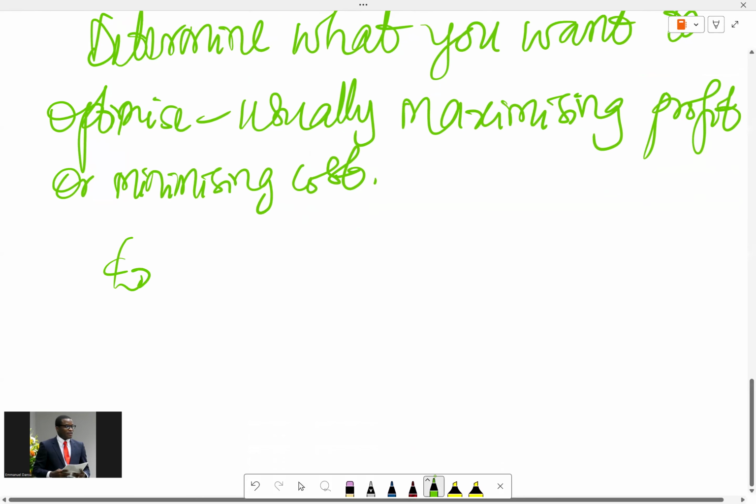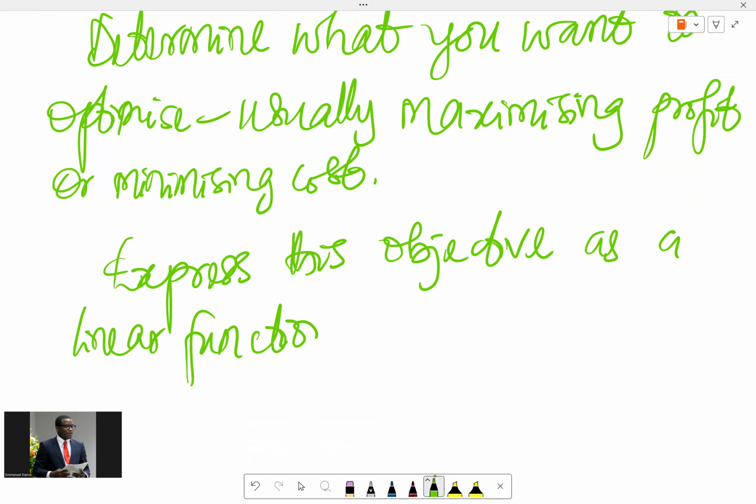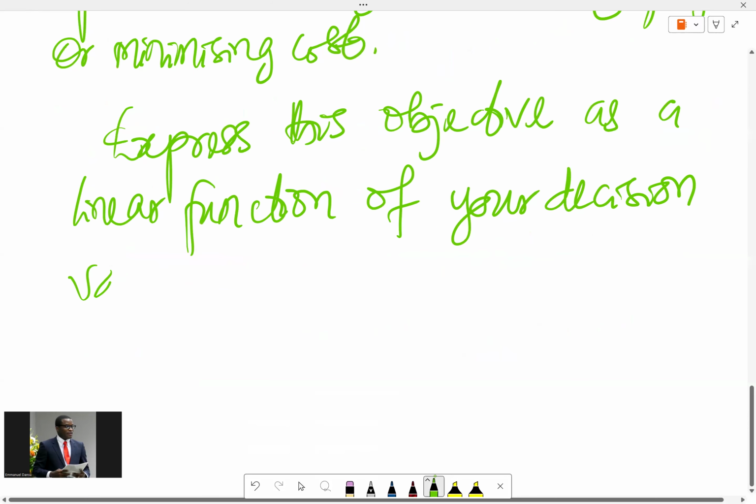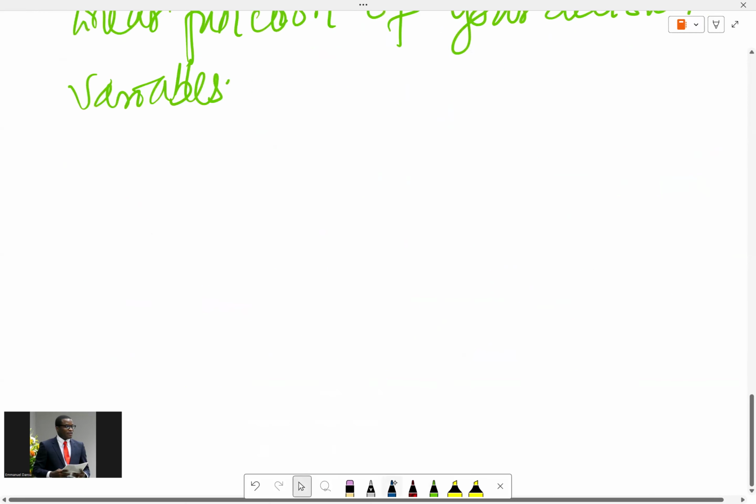Then you can express this objective as a linear function of your decision variables. After doing that, the next thing is to set up constraints. Three, set up constraints.